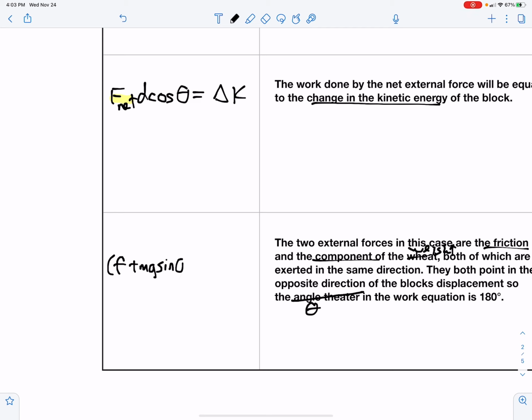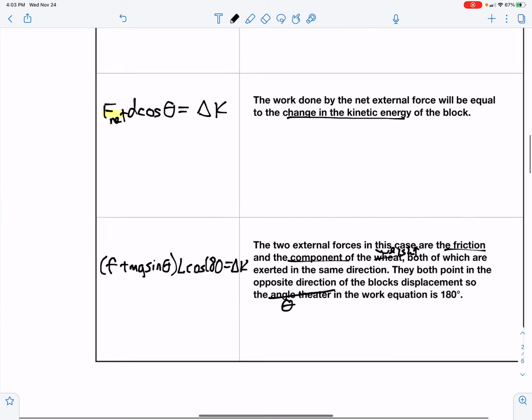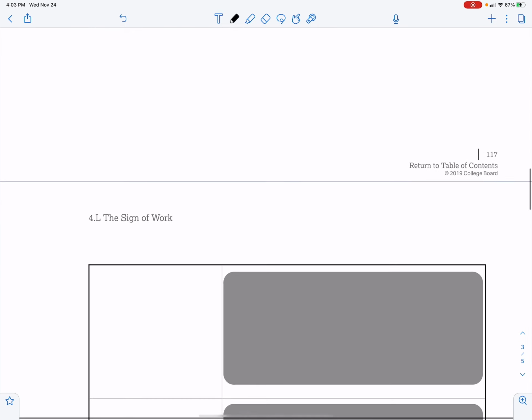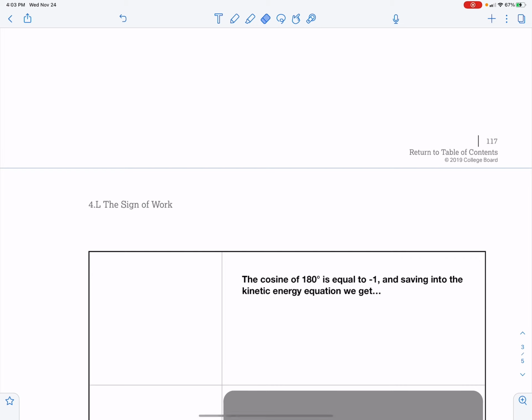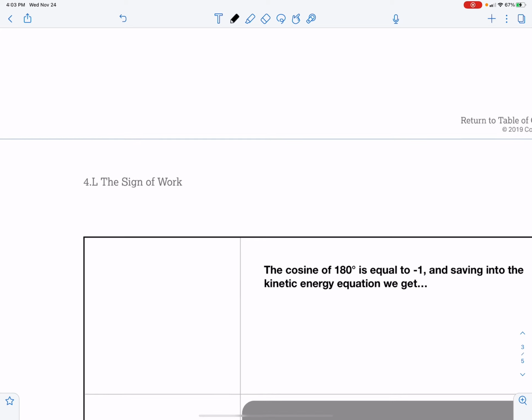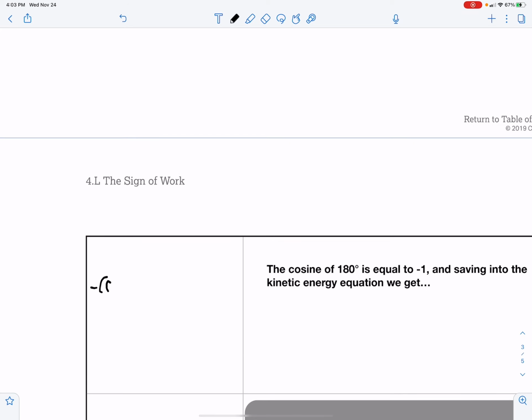Those are both of the forces that point downhill when block 1 is going uphill, times d, where distance d would be length L, times the cosine of 180, substituting for theta now, equals delta K. Cosine of 180 is equal to negative 1.